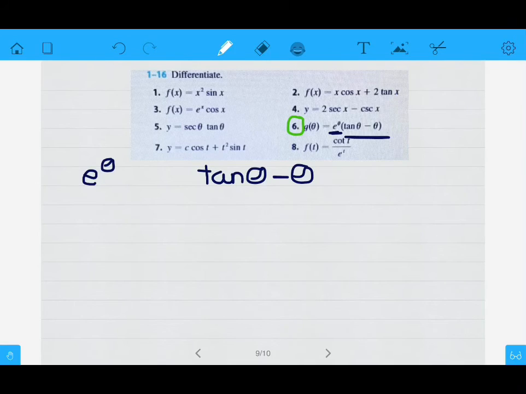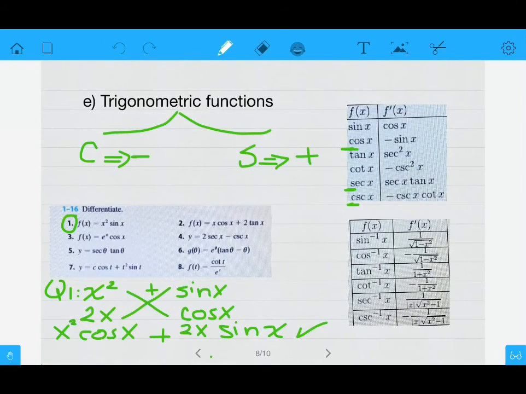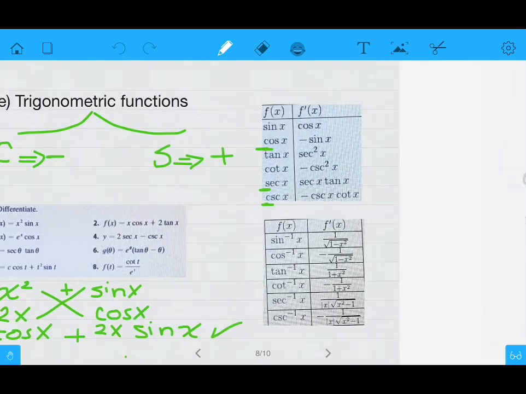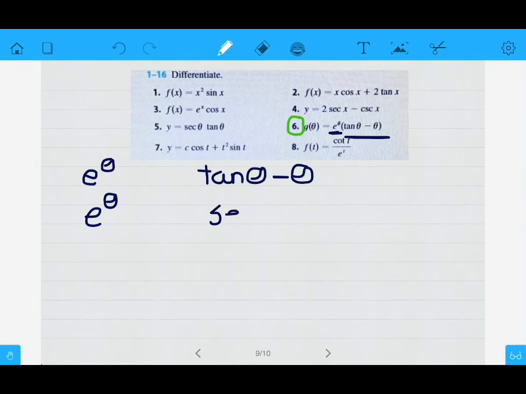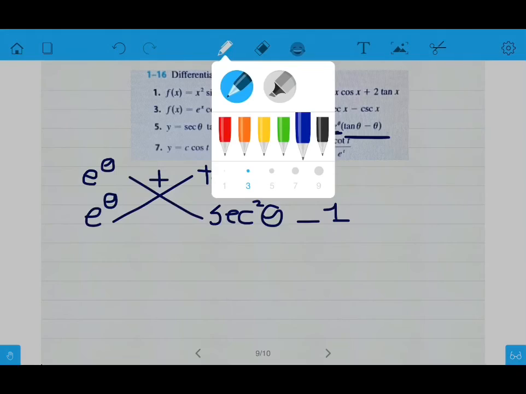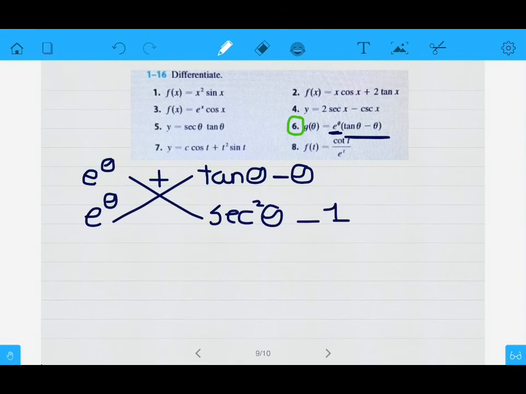What is the derivative of e to the theta? We have e to the theta, the same. Remember tan: the derivative of tan is sec squared. We write sec squared theta minus 1, like x, where the derivative is 1. Then I use the cross multiplication, and between the terms we have plus. Here we have 2 terms, so we must put brackets.